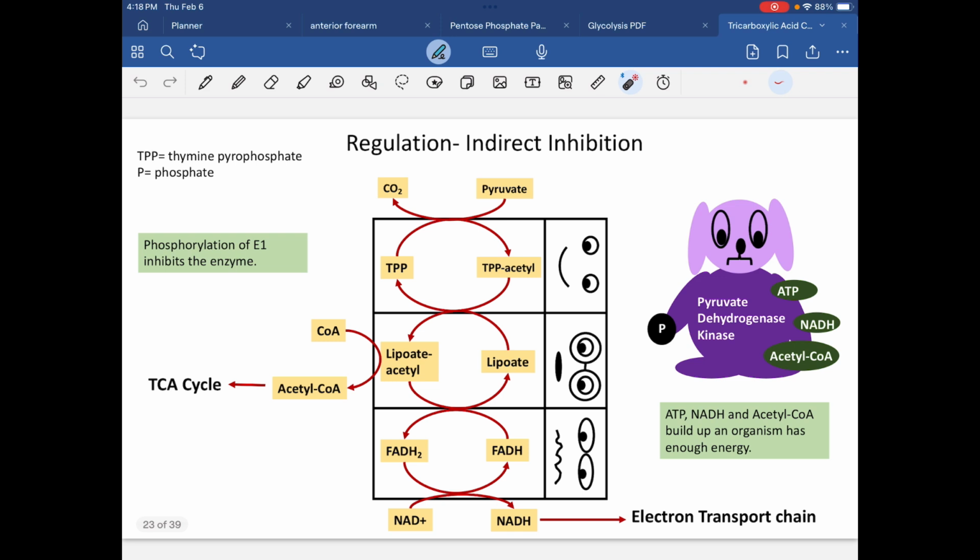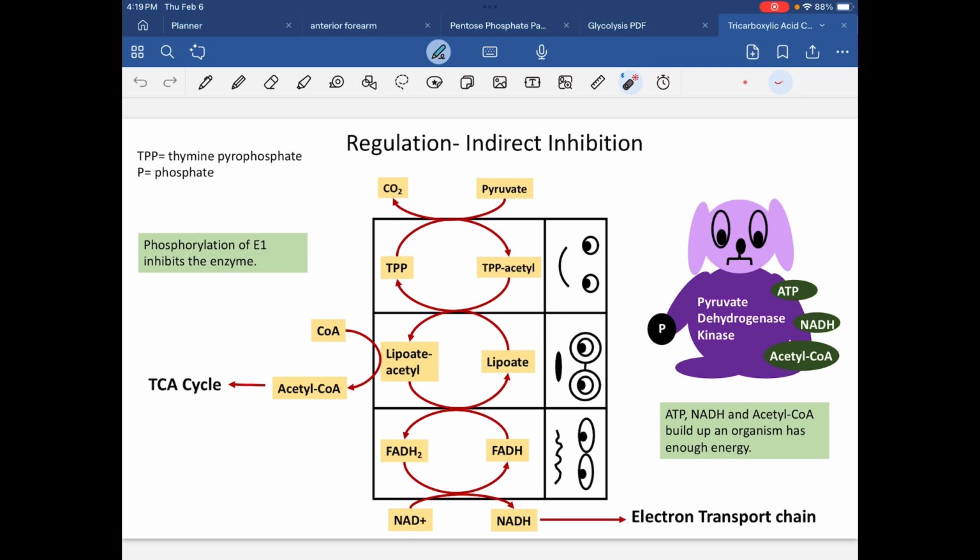Now we can talk about some indirect inhibition. So in indirect inhibition, the molecules themselves that we're going to talk about are not binding directly to the enzyme like we saw before. They're going to bind to a separate enzyme. In this example, we have pyruvate dehydrogenase kinase.